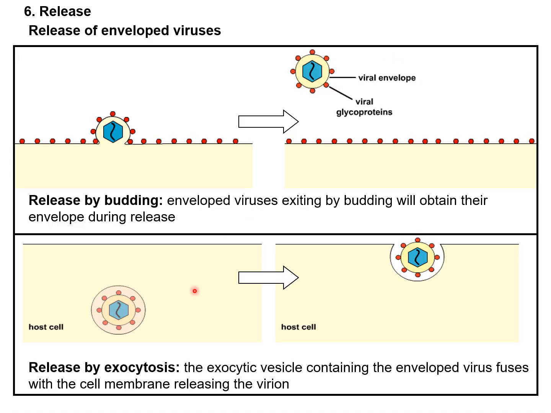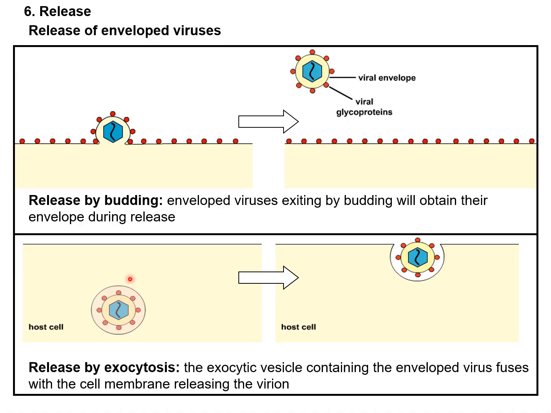The other option is exocytosis. Again, the matrix proteins guided the capsid shell to the ER membrane, and then, as you probably saw in the previous slides, what we had was budding into the ER, then going through the Golgi network and then exiting.